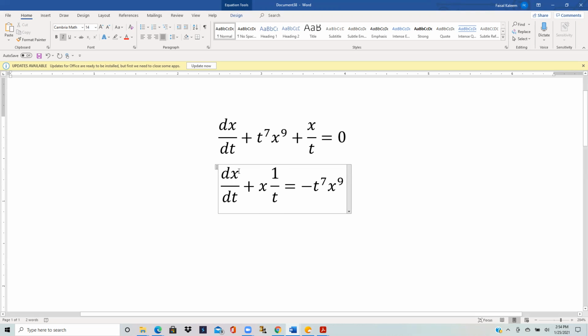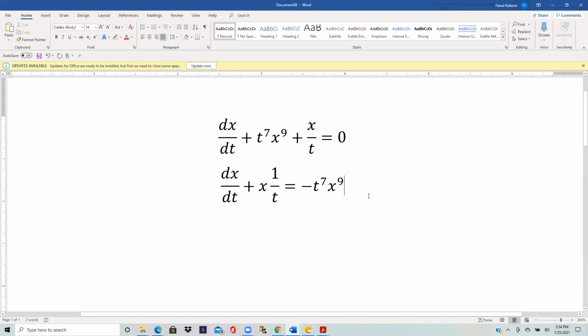So now, remember we had y power n over here. So in this case, x is playing the role of y. So it's t power 7, x power 9, that's playing the role of the y. And then this other function is the q function.